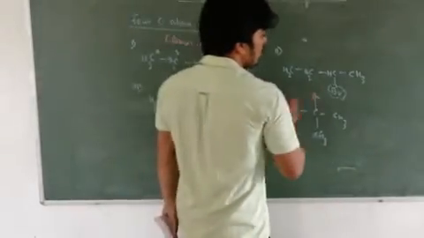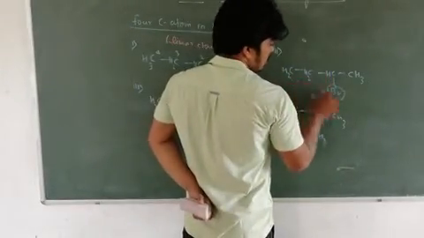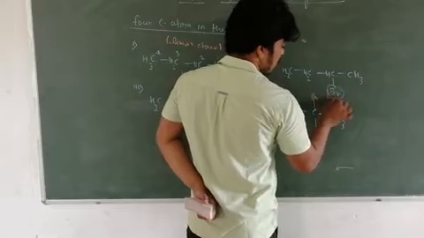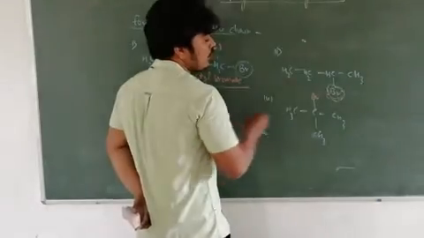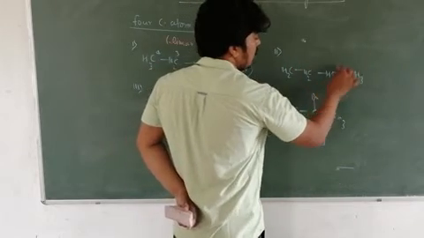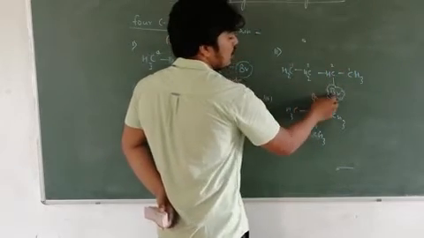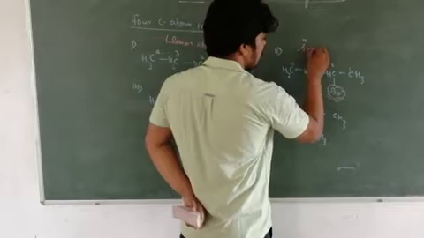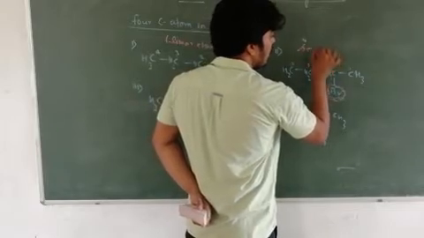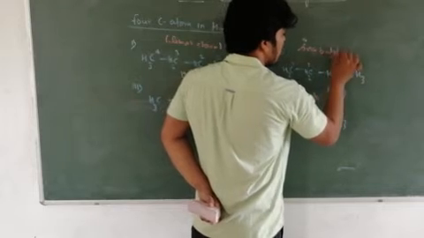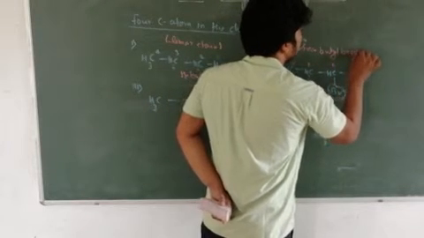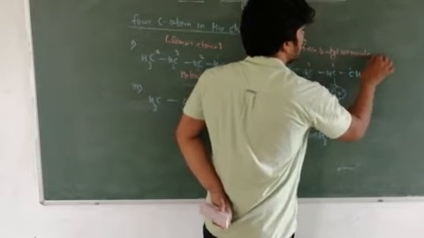And this one is, in the 4 carbon chain, 1, 2, 3, 4, secondary butyl, I took sec for secondary, sec butyl bromide.